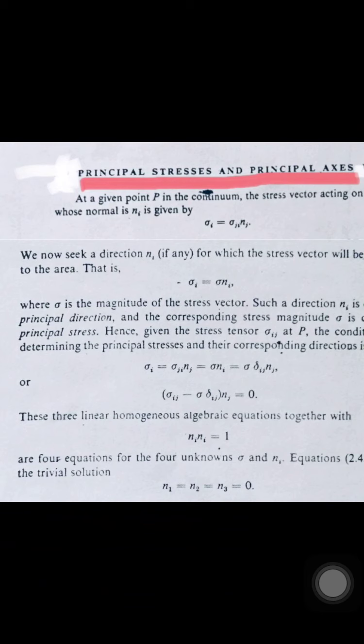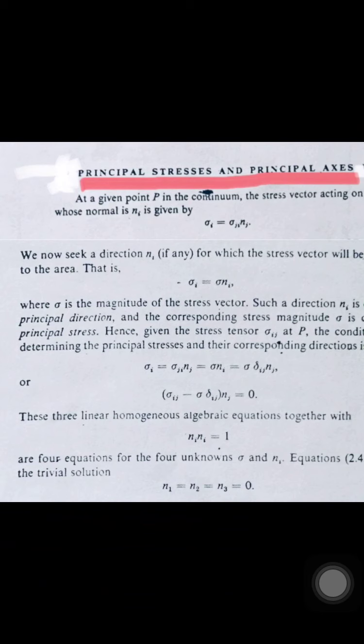This second line is very important, as it defines what the principal direction and the principal stress are. Both are connected by this equation: sigma_i is nothing but sigma n_i. So here is the definition of principal stress and principal direction.